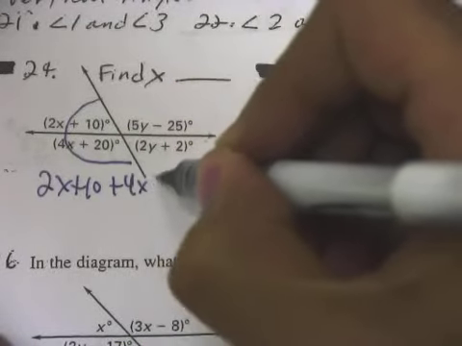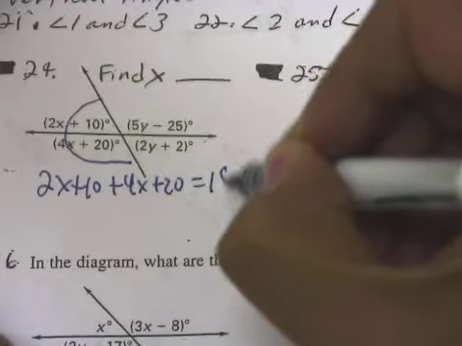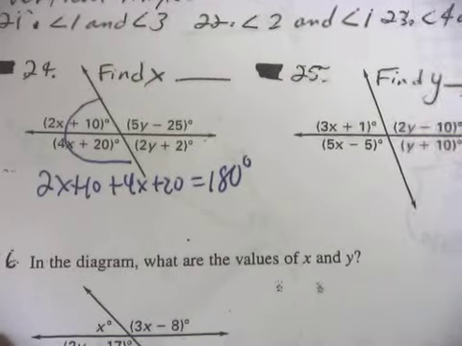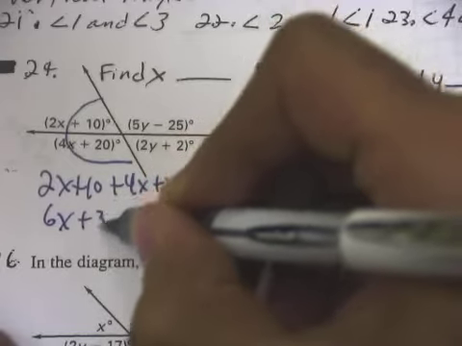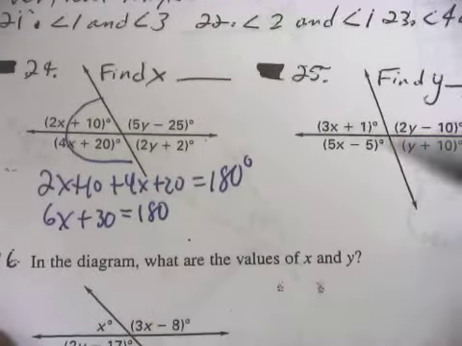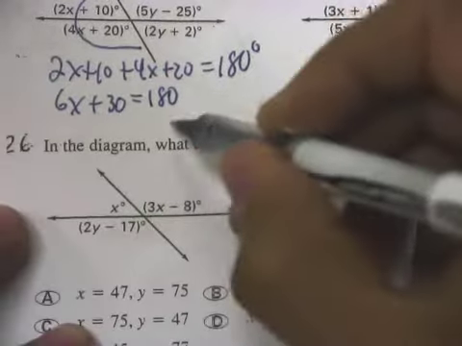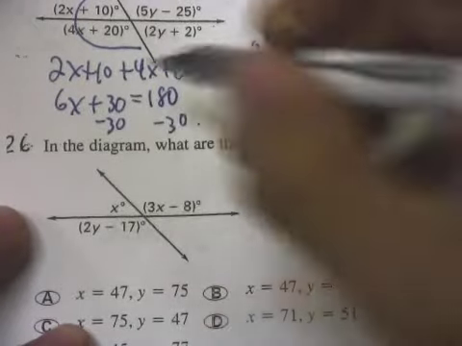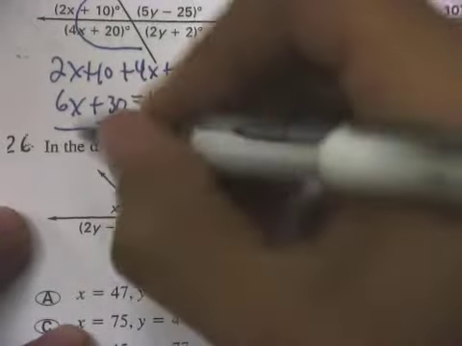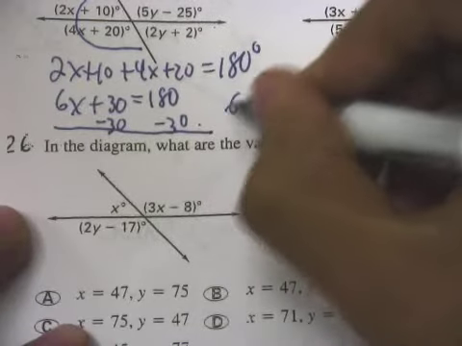The last questions here, they wanted us just to find x. Well, look here. We know that these two angles here, which have the x, are a linear pair. And a linear pair are supplementary, meaning they add up to 180. So we just could have said 2x plus 10 plus 4x plus 20 is equal to 180 degrees. Combine like terms.